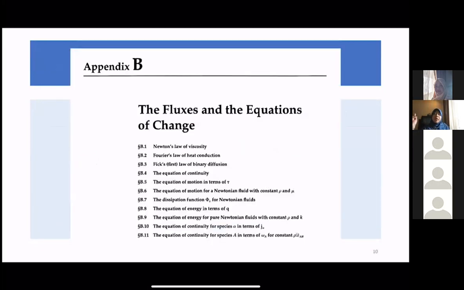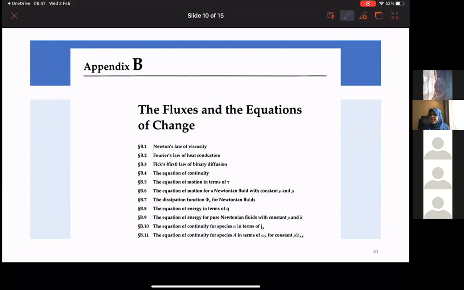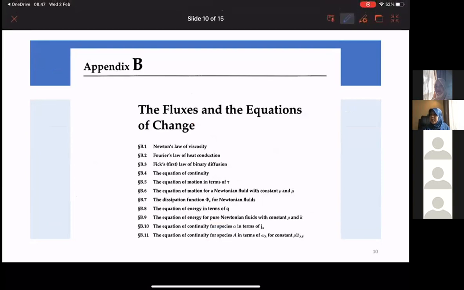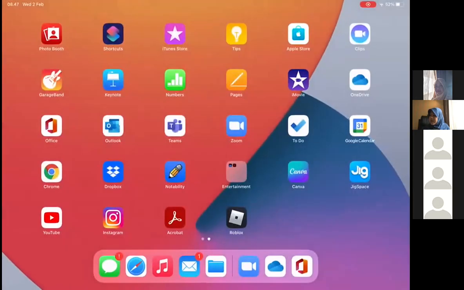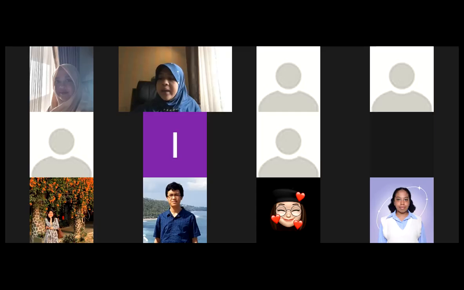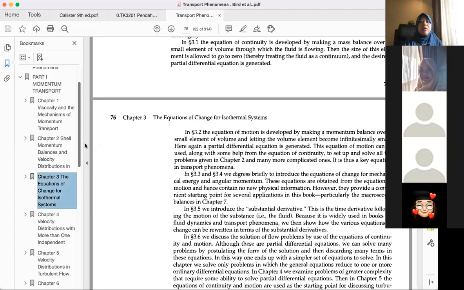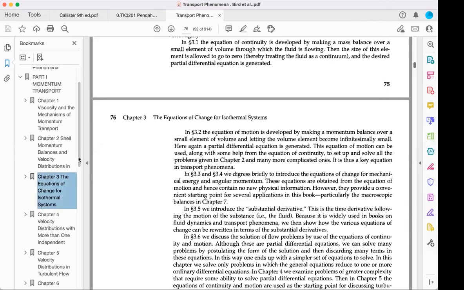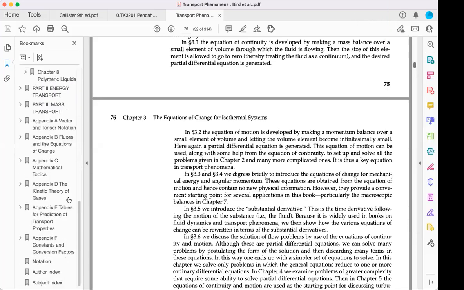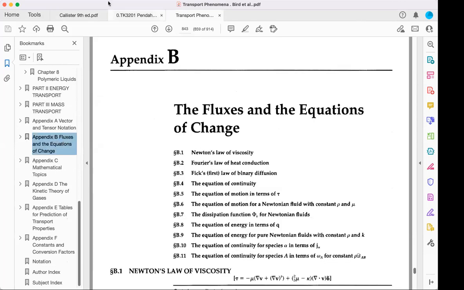Okay, so now maybe some of you are confused about why we have so many equations. What you need to do now is open the appendix B in the book, which is fluxes and equations of change.